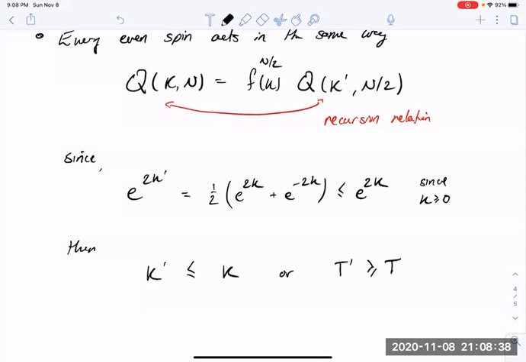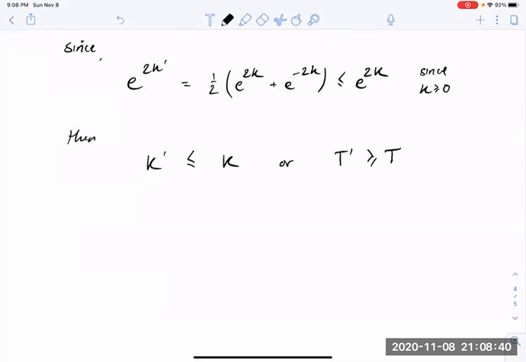What that means is that when we take a one-dimensional Ising model, when we zoom out, we look at the system on a larger scale, it makes the system look like it's at a hotter temperature, necessarily so.